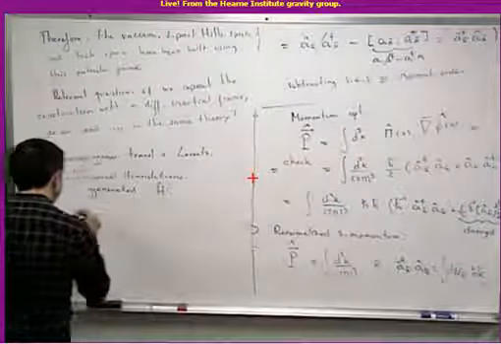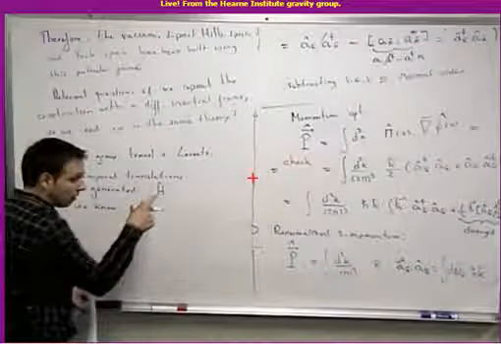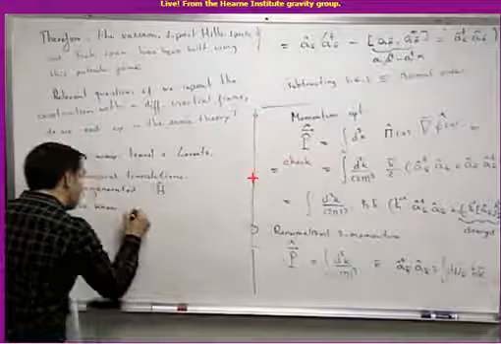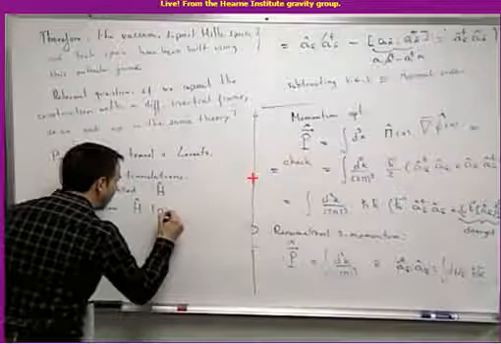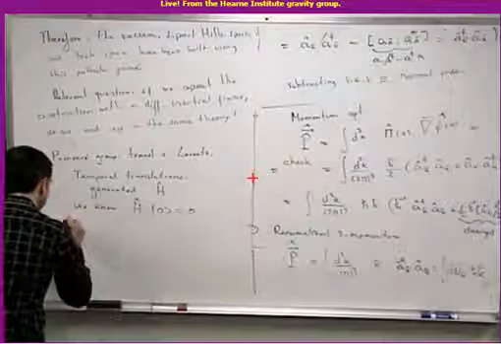And we know that this is infinitesimal. This is the generator, the operator that generates infinitesimal transformation. We know that the normal ordered Hamiltonian acting on the vacuum is equal to 0. It annihilates the vacuum.